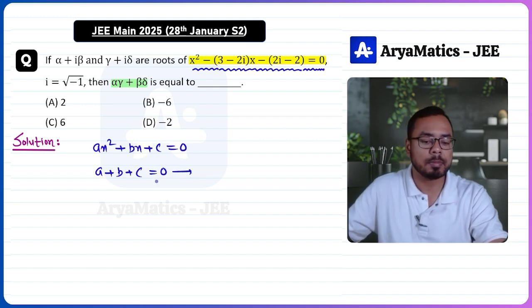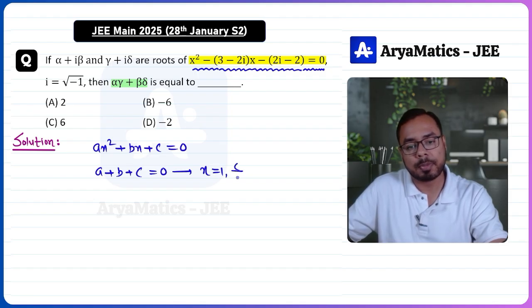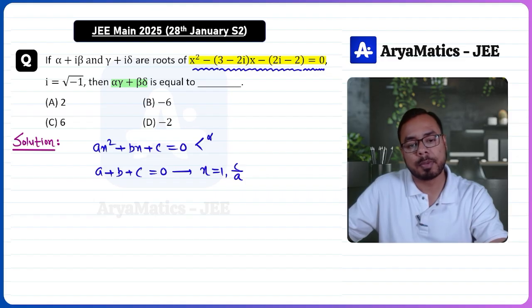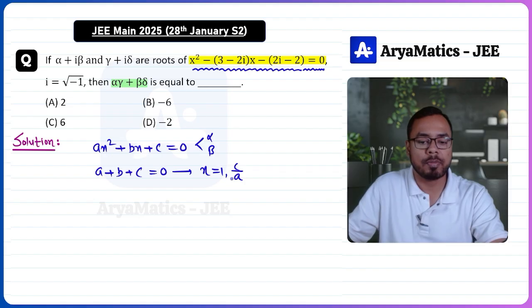One of the roots of this quadratic equation will be 1 and the other root will be c by a, because in place of x, if we write 1, it will satisfy. And in any quadratic equation, if the roots are alpha and beta, then the product of roots, alpha into beta, is c by a. So if one root is 1, the other root will be c by a.